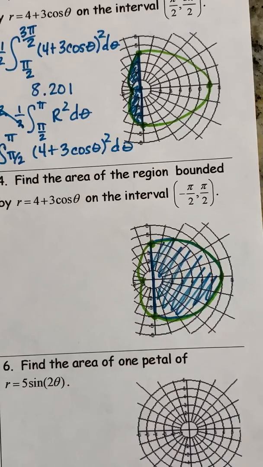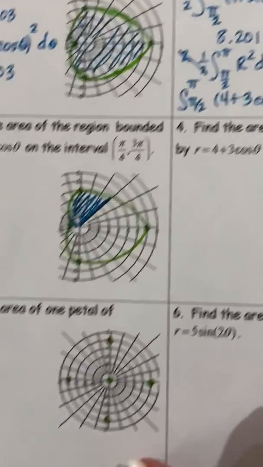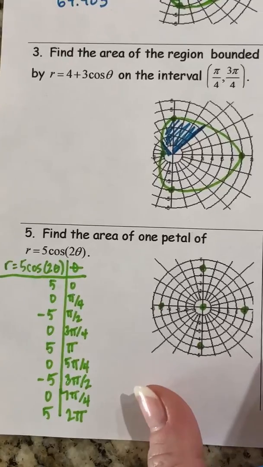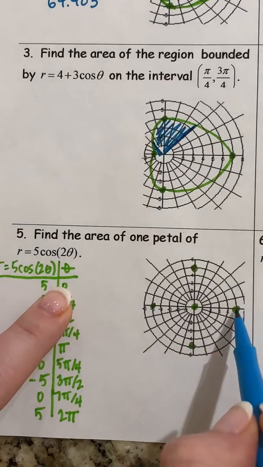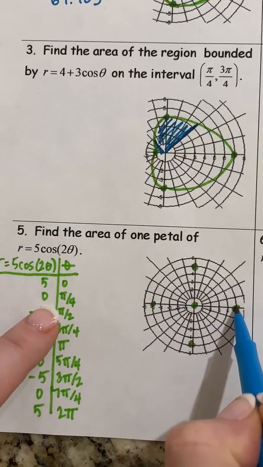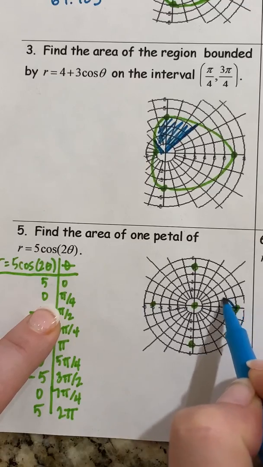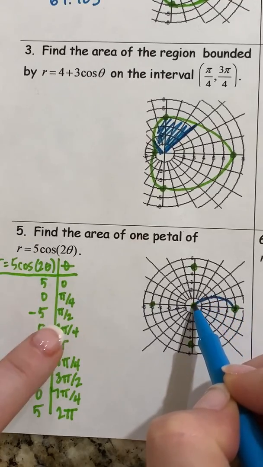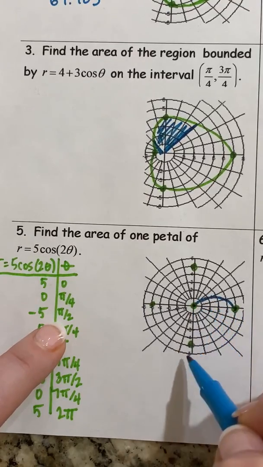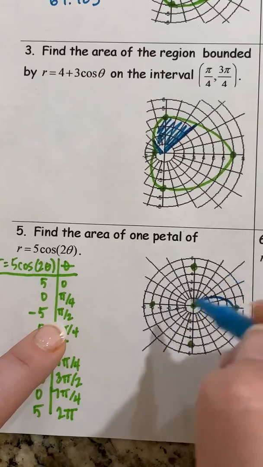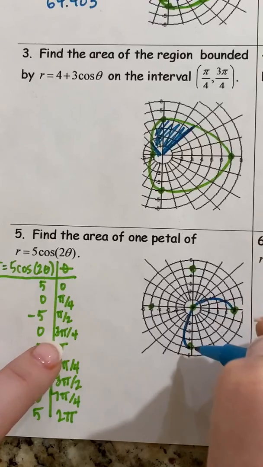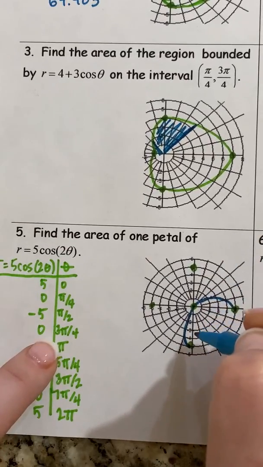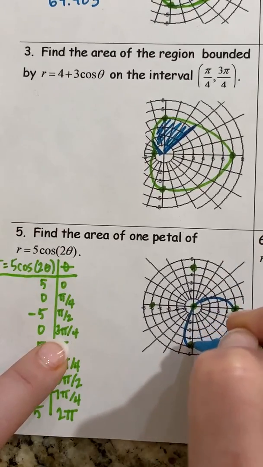Now, problem 5, I went ahead and found the values, and I thought I'd go ahead and graph it for you. So at 0, we're going to start at 5, and then as we go to pi over 4, it's going to go back to 0. And then at pi over 2, it's going to negative 5, so it's going down. And then at 3 pi over 4, it's going back to 0.